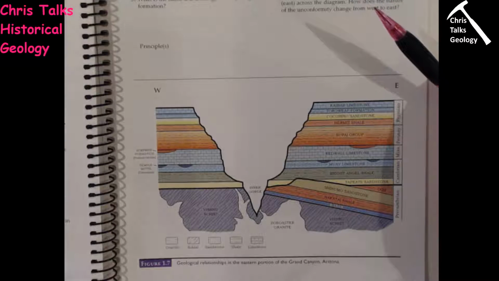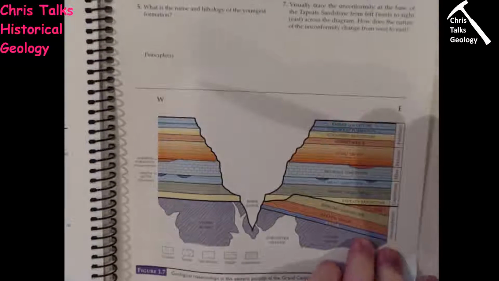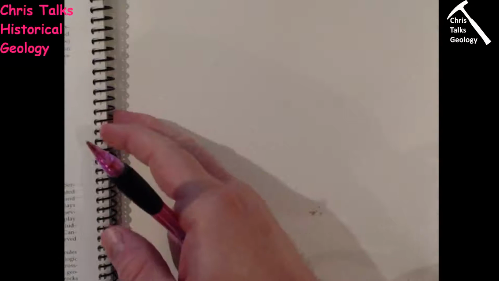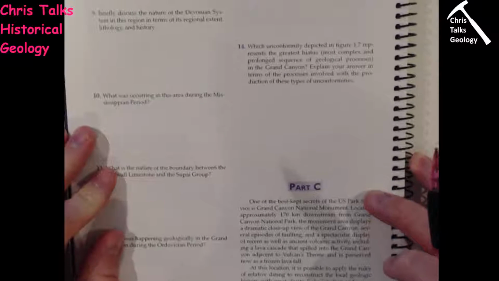You'll have to work that one out for yourself. So this one is not a particularly nice question, but it is essentially asking us which unconformity, which feature represents the most missing time, for want of a better way of describing it.